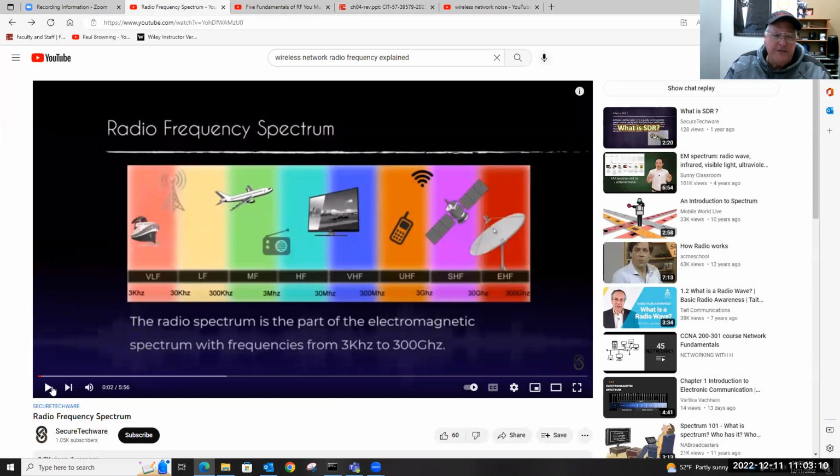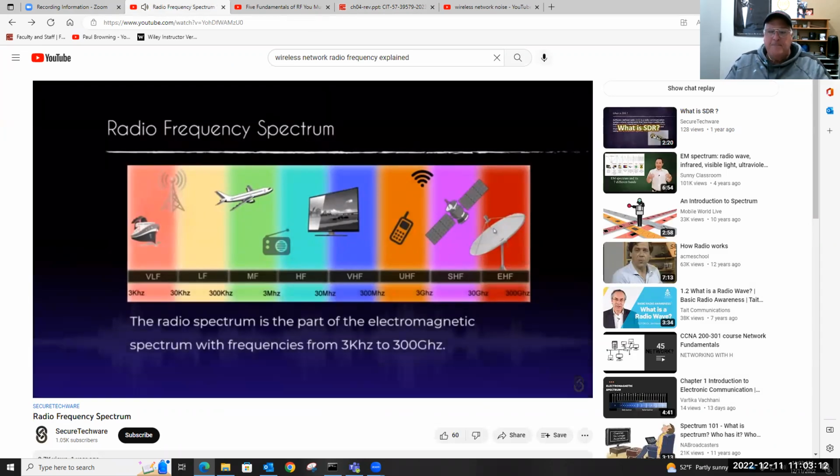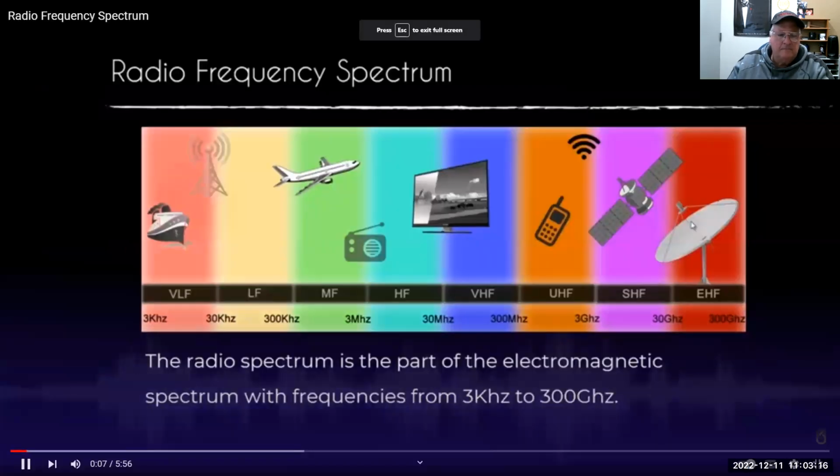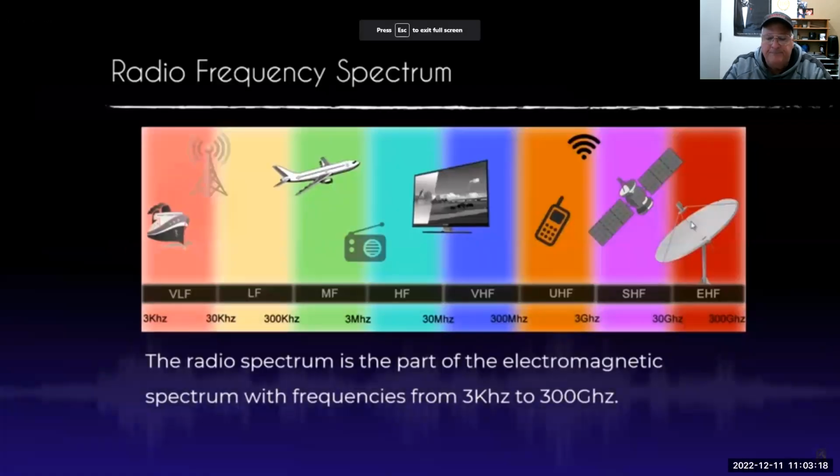What is radio frequency spectrum? So in this video, we are going to discuss radio frequency spectrum, which is a part of electromagnetic spectrum, starting from 3 kilohertz and ending at 300 gigahertz. So all the wireless things which you see over here lies between 3 kilohertz and ending at 300 gigahertz.